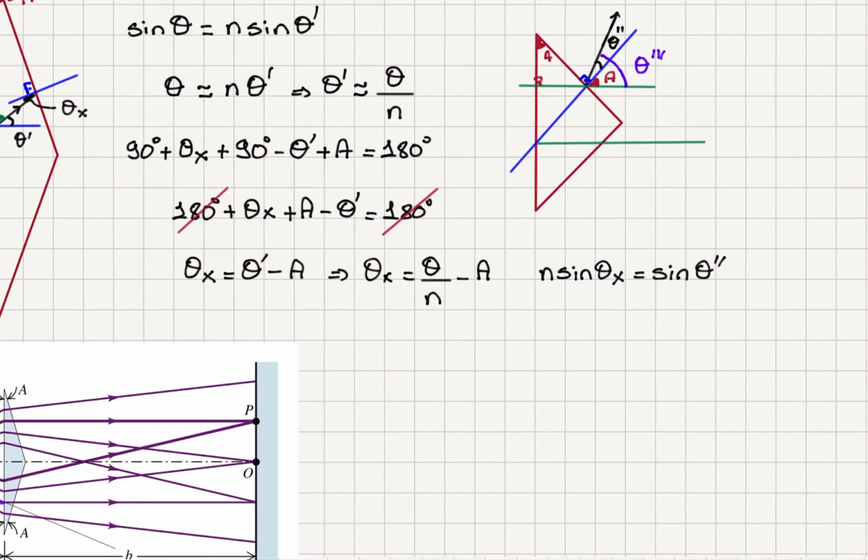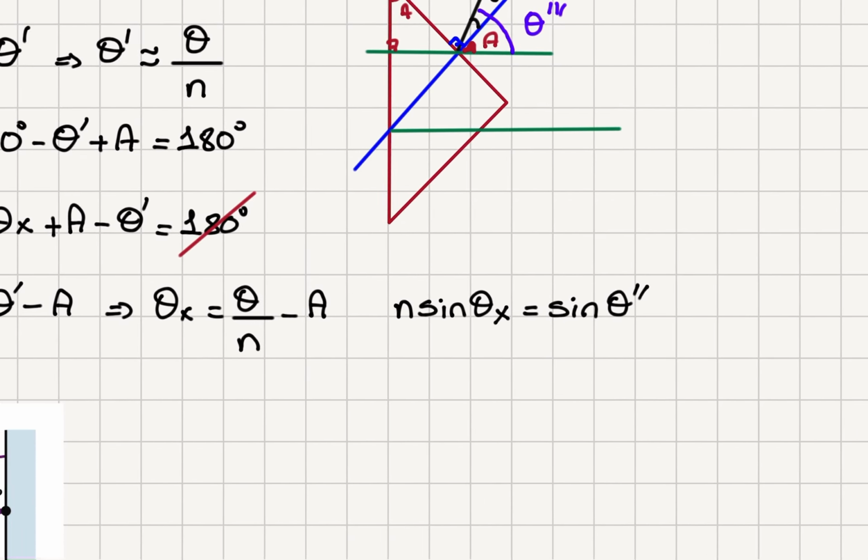So theta double prime is equal to theta x times n.